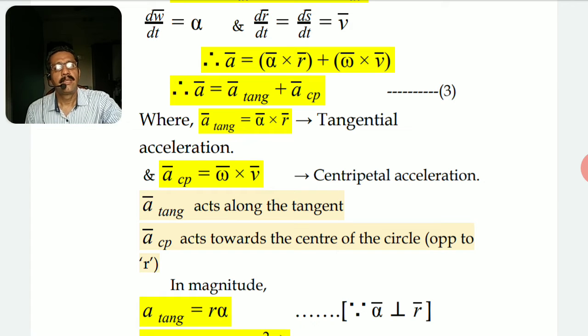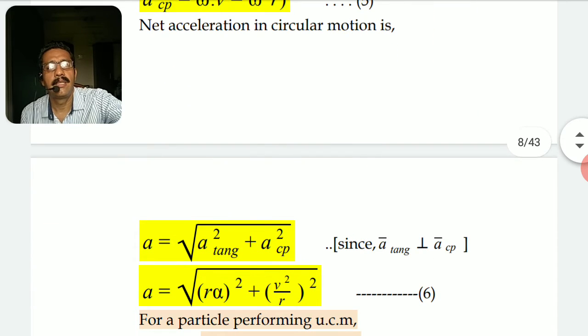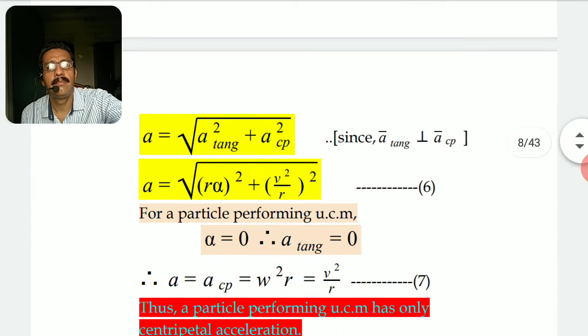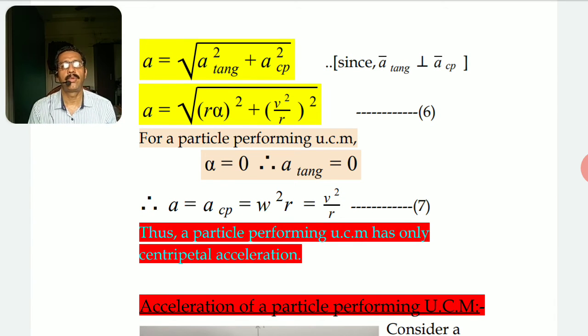So the vector addition is going to be addition of two vectors which are at right angles to each other, and that is why the magnitude of total acceleration will be given by a is equal to square root of a tangential square plus a centripetal square. Of course, you can use even your parallelogram law of vector addition for that, and then I find that a is in terms of magnitude equal to the square root of r alpha bracket squared plus omega squared r bracket squared, or even you can write it as v squared by r the whole bracket squared.